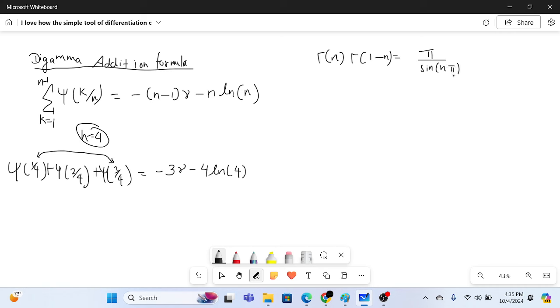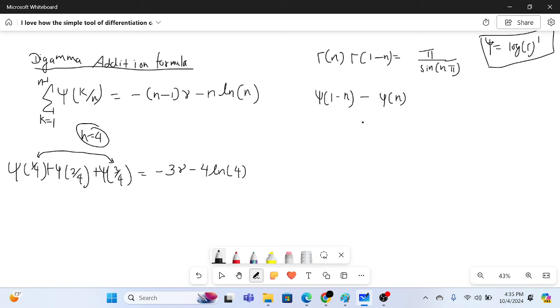Now over here what you can do is take the log of both sides and then differentiate, because we know that digamma is just the derivative of log of gamma. If you take log gamma and then differentiate, this will be digamma, right? So you can use that and get the formula for digamma of 1 minus n minus digamma of n.